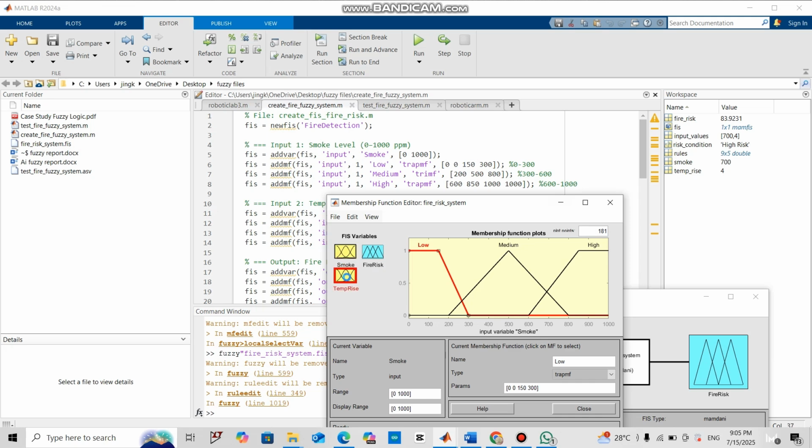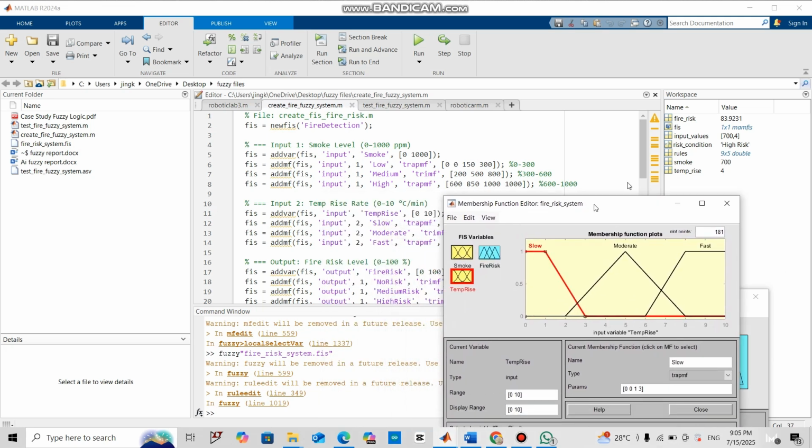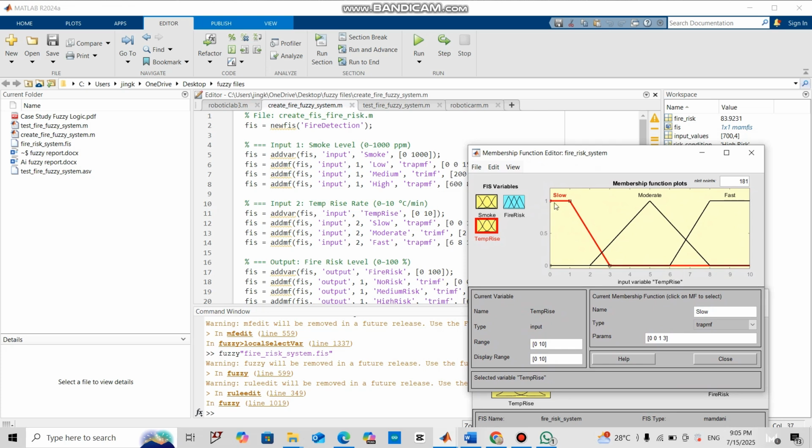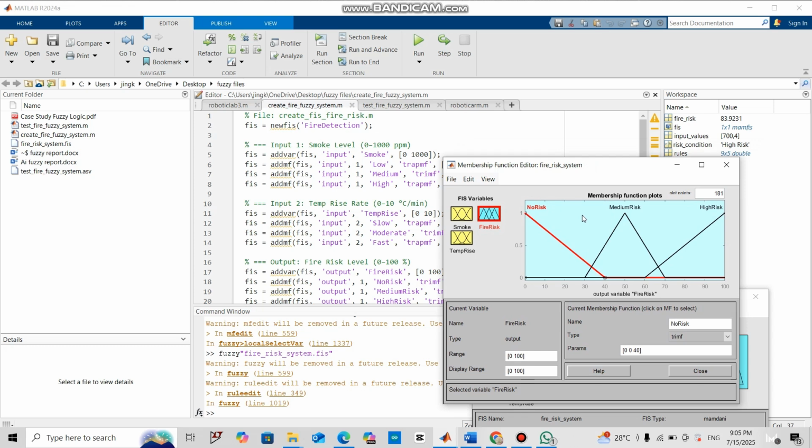The temperature rise rate is the same as the coding: slow is using the trapezium membership function, moderate is triangular, and fast is using the trapezium membership function. The output has three properties, no risk, medium risk, and high risk, and they are all using the triangular membership function.